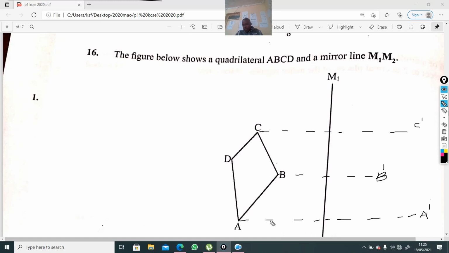Then after that you do your D. So you measure your D from here to the mirror line. You continue with the same distance. You measure the same distance. You call it D image. Then you join.